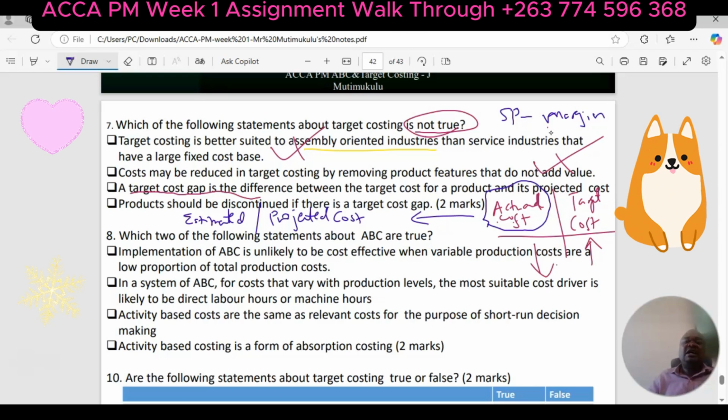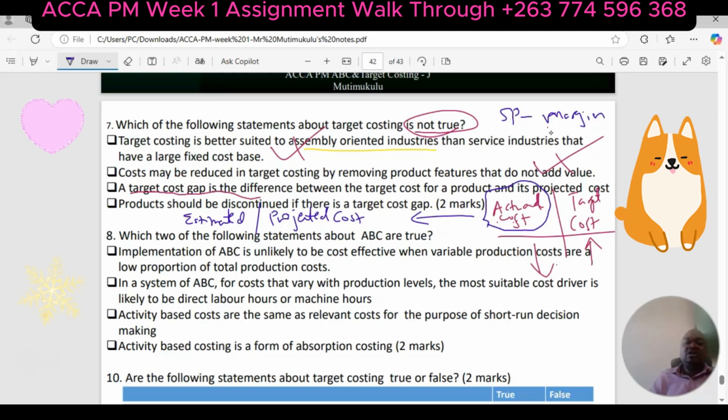This is why I just say actual cost simply means the current cost in relation to what we estimate the items to cost from the market, vis-a-vis our target cost, which we obtain from the estimated selling price less the estimated margin, and then we get the target cost.